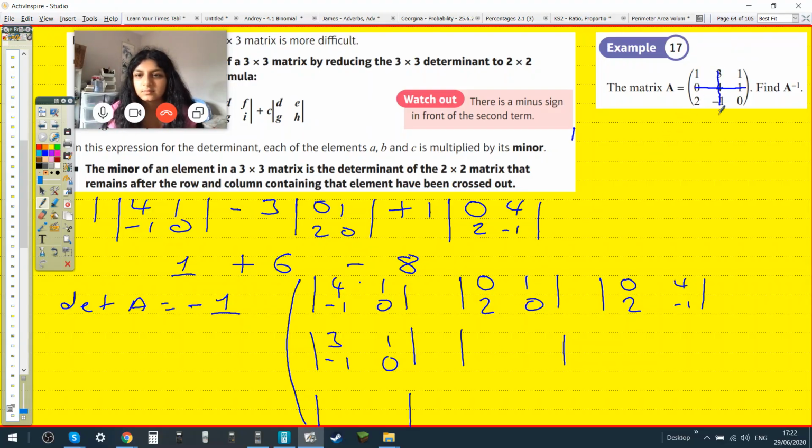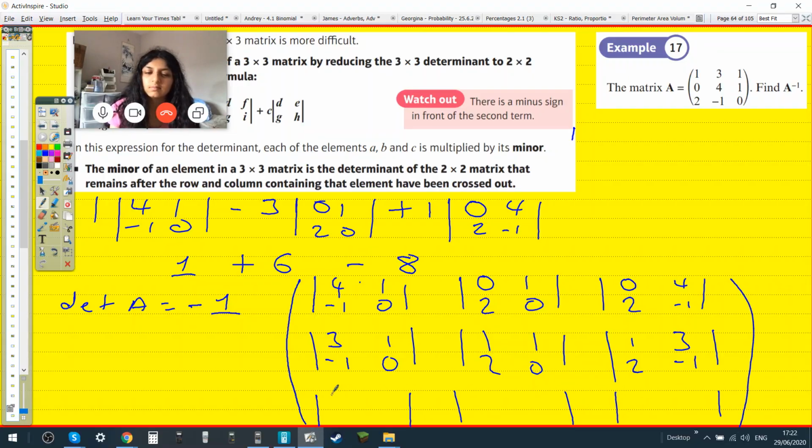So I believe we're on this middle one. 1, 1, 2, 0. 1, 3, 2, -1. 3, 1, 4, 1. 1, 1, 0, 1. 1, 3, 0, 4.